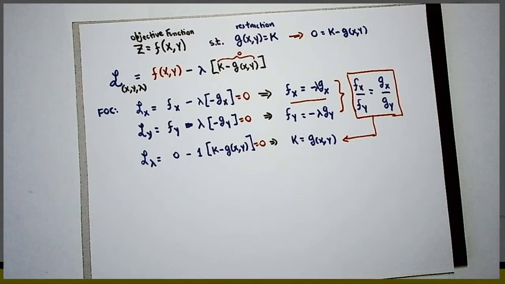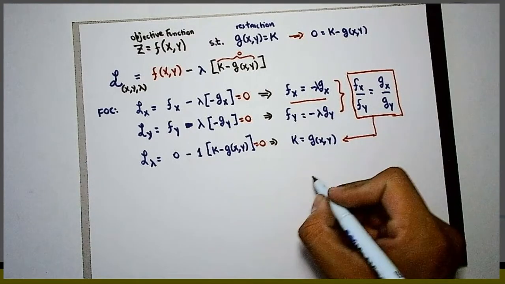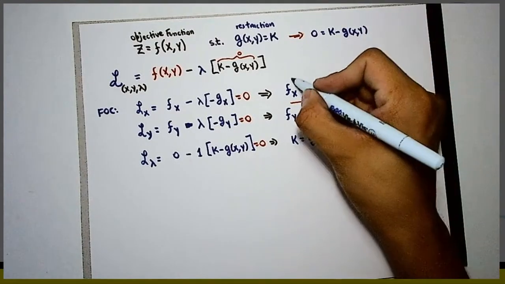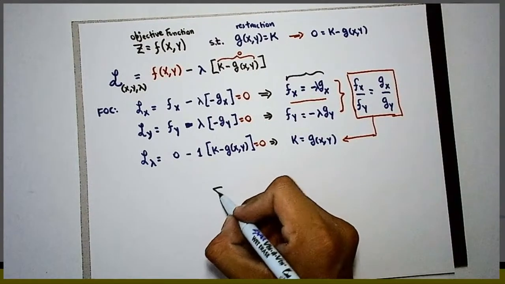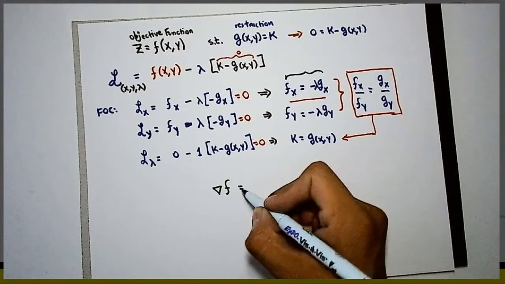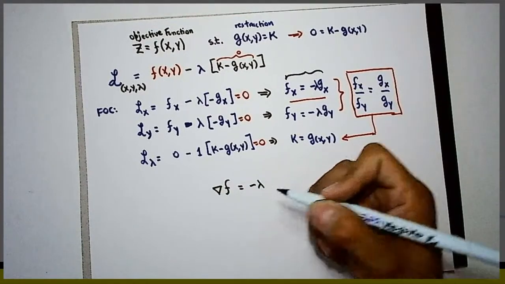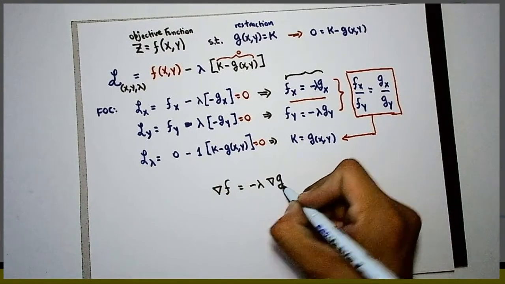And now, why was it important to know the gradients? Because if you see here in the gradient, we had this relationship already. We said in the gradients that the gradient of the objective function was the negative lambda times the gradient of g.